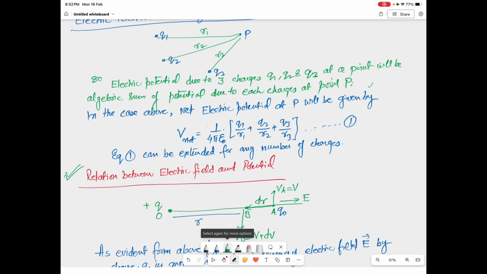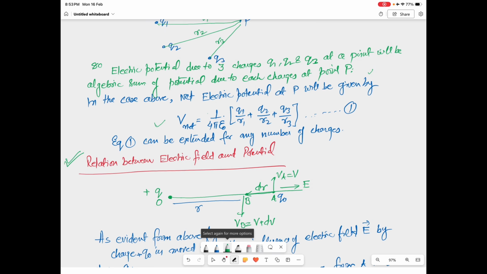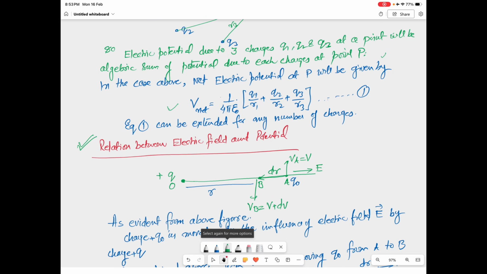I have taken 1 upon 4 pi epsilon naught as common. So this is nothing but the algebraic sum. This is quite simple compared with the electric field, where the electric field is a vector quantity and we have to do the vector sum instead of the algebraic sum. You must note this point because these kinds of questions come in the examination.